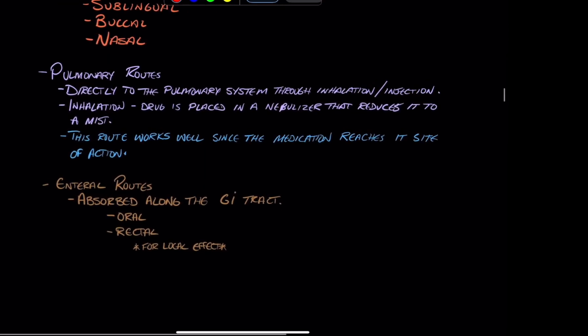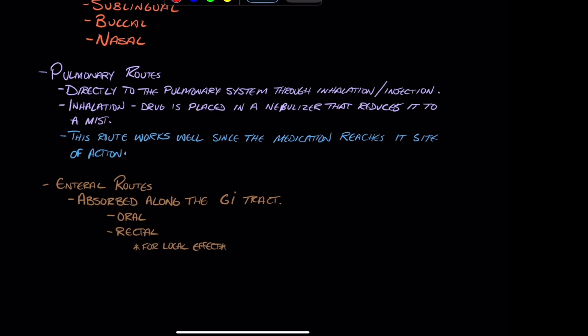In this classification, we also have the pulmonary route, which can be directly absorbed through the lungs. If you look at something like salbutamol, for example, it can be absorbed directly into the bronchioles or the mid to lower airways to relieve asthma symptoms.